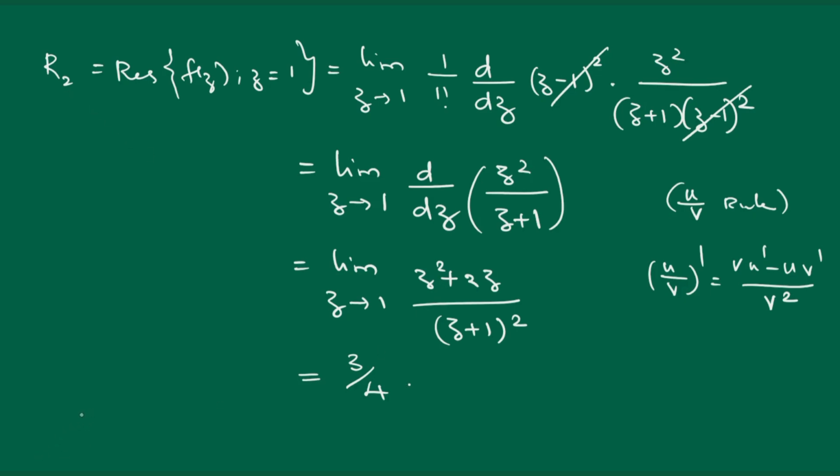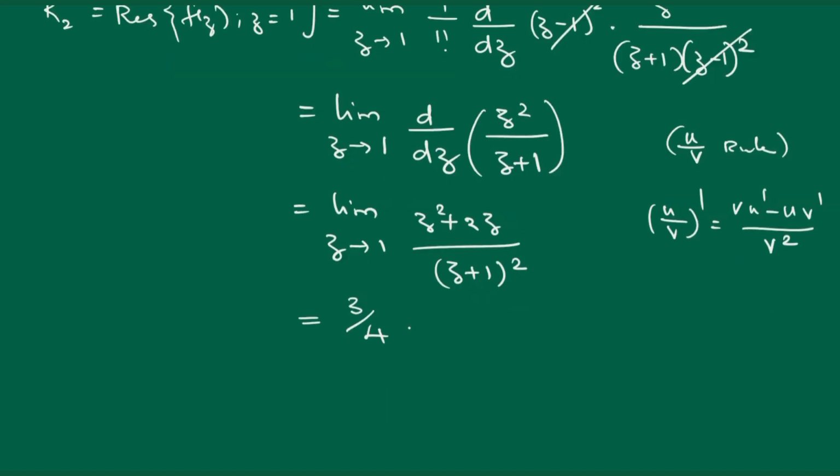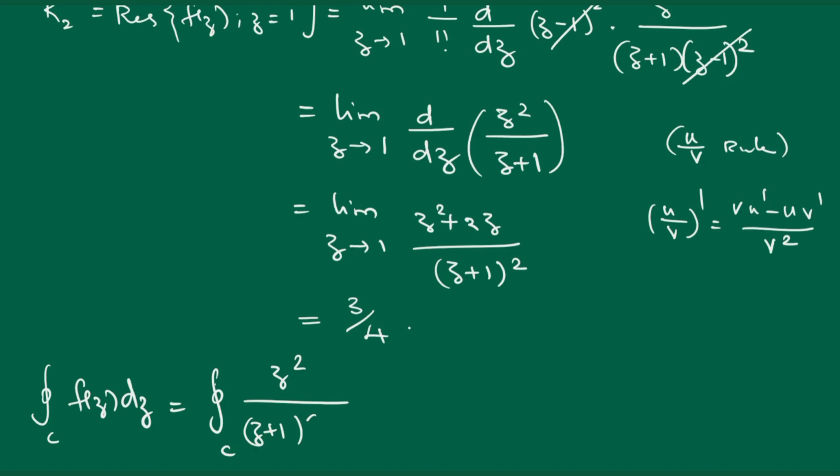Okay, now we have to evaluate the integral of f of z dz, where the given question is z square by (z plus 1) into (z minus 1) whole square dz. According to the Cauchy residue theorem, it is 2 pi i into the sum of residues.